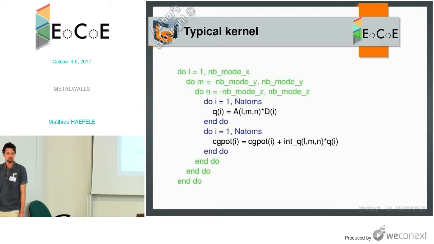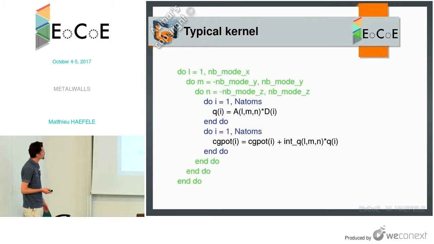What do you have to do on the source code to be able to run on these new platforms? So I took one kernel. It's not the most complex one, but not a trivial one either.